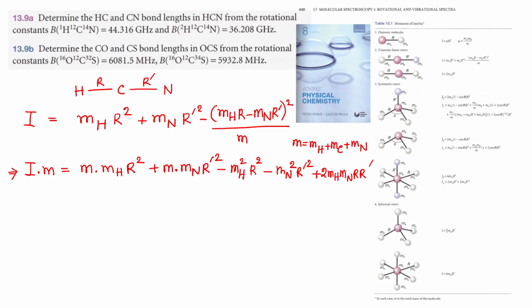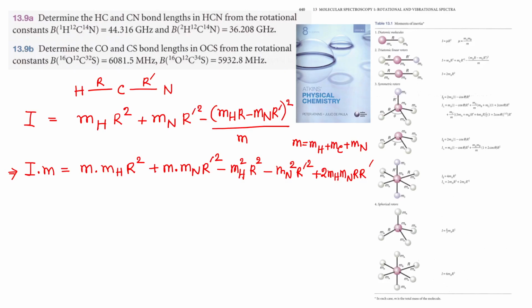Yes, sir. We need to determine the bond length of the CH bond and the CN bond, and the overall rotational constant is given. If the rotational constants from the HC and CN parts had been given, it would have been very easy, and you would have done it the way we have been doing so far.